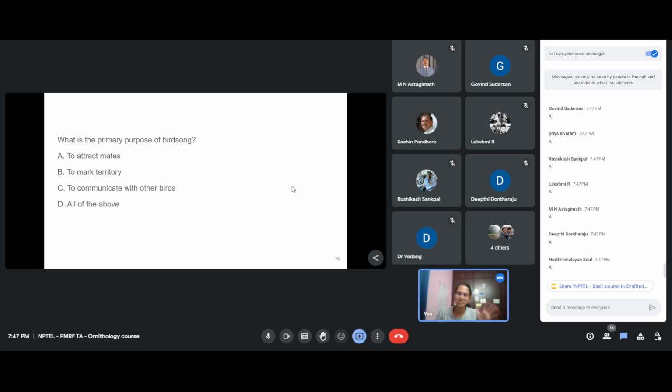Let's say what's the purpose of birdsong, and birdsong has multiple different purposes. The song per se usually is identified by variations of notes and frequencies.